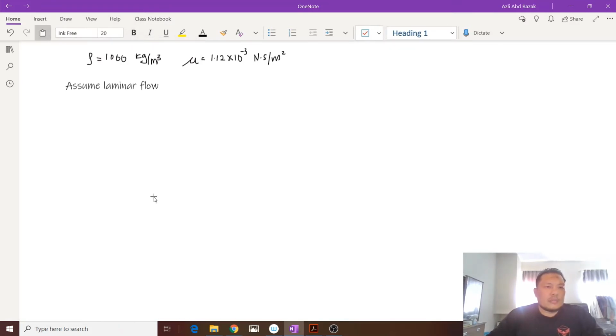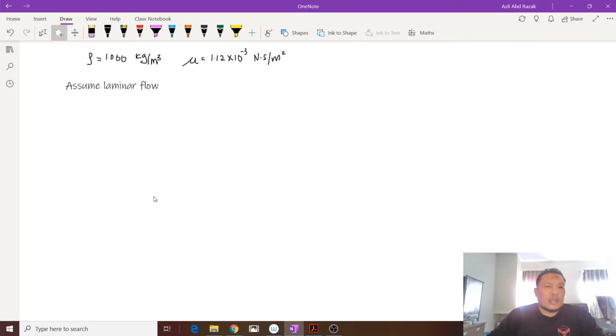So I use such a laminar flow, and the boundary layer thickness is from the Blasius solution.